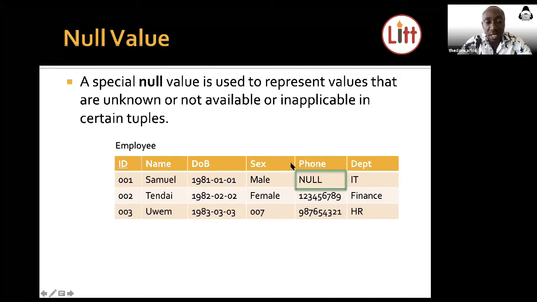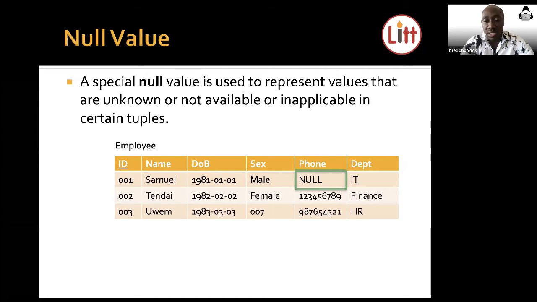It's the same for each of the attributes. So for employee number 1, there'll be a space reserved for phone, expecting to hold a data value. But because it's null, nothing will be put there. The same for all others. Maybe for this one, it wouldn't take up much space. But if you have thousands of data records and there are a lot of null values, you'd see the impact of wasting your storage space.